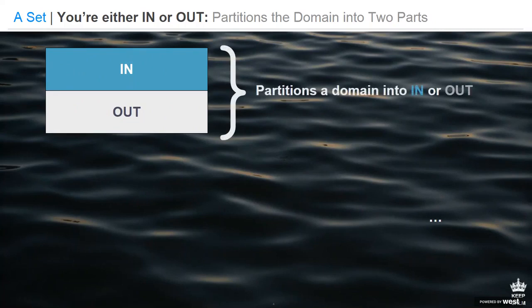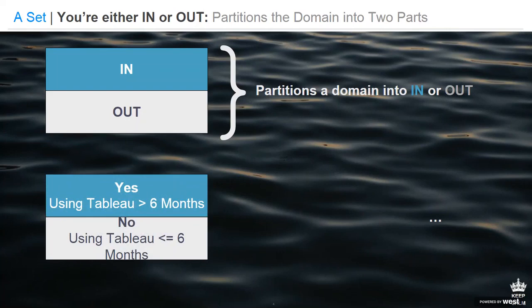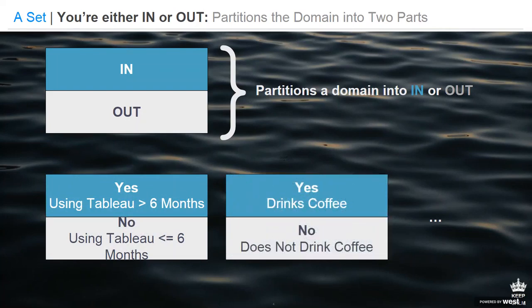You're either in the set because you qualify and you meet some criteria that's defined by the author, or you're not because you don't meet the criteria, and in that case, you're out. So you're either in or you're out. For example, if you've been using Tableau for more than 6 months, then you qualify, you meet that criteria, you're in the I've been using Tableau for more than 6 months set. If you drink coffee, then you qualify, you meet that criteria, you can be in the coffee drinkers set. And if you're not, then you're out of the set.